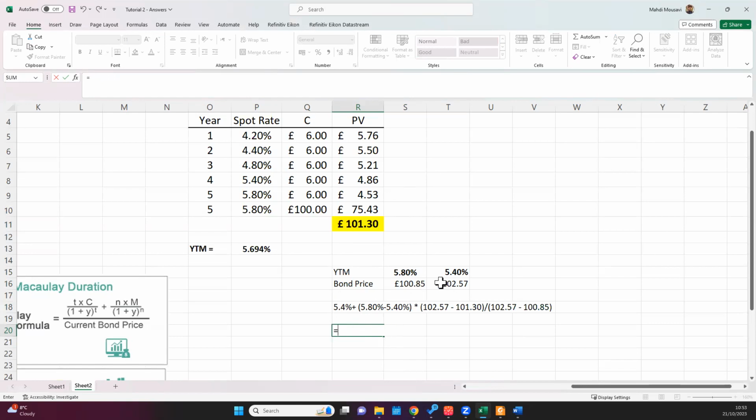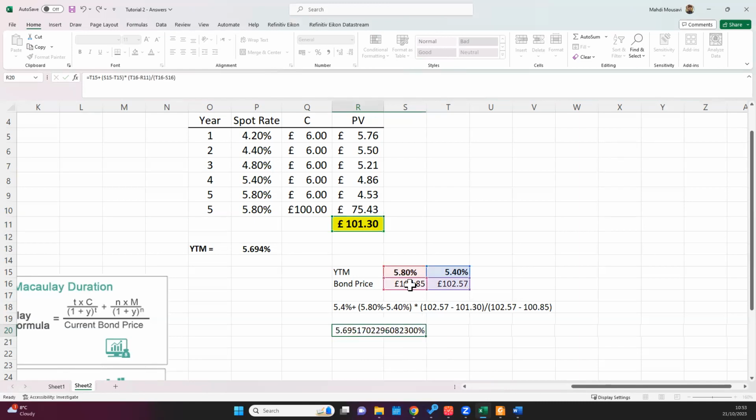So equal 5.40 lower price plus the gap between these two, 5.80 minus 5.40, times, all right, 102 minus the actual one over 102 minus the lower one.